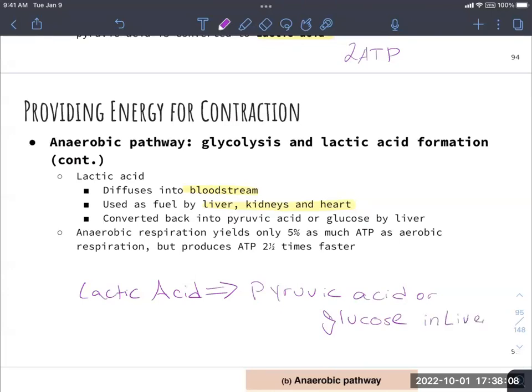So we take that lactic acid in the liver and it can get converted back to pyruvic acid, or it can be converted back to glucose in the liver, which we can use to make energy again. Either one, because that pyruvic acid can enter the mitochondria of cells and go through aerobic respiration, which uses oxygen, anaerobic does not.